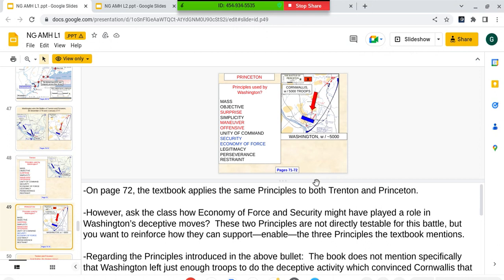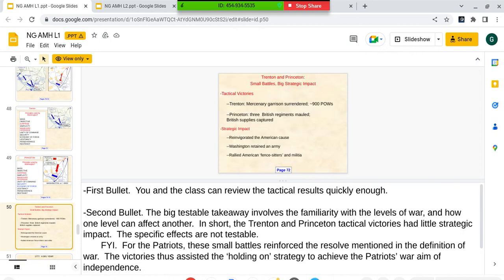They were cold and tired of fighting, so they literally just let Washington go. Washington left after beating up the British really badly at Trenton and Princeton. It was really embarrassing for the British, and then Washington went out into the woods, and eventually we're going to talk about Valley Forge. It was important. But before that, let's talk about the tactical victories.